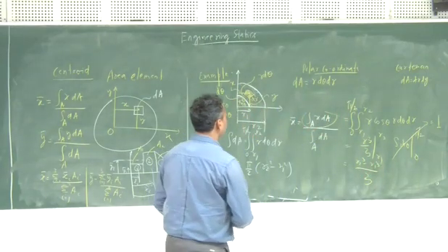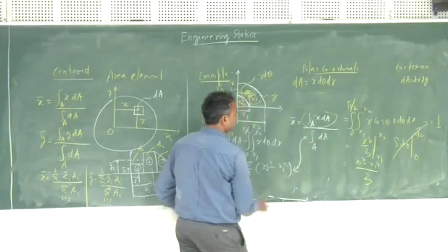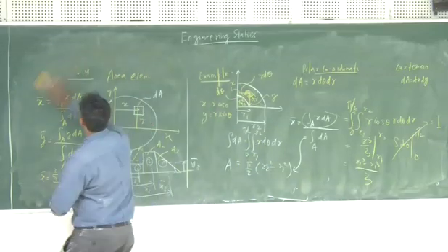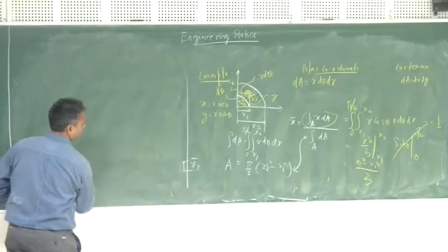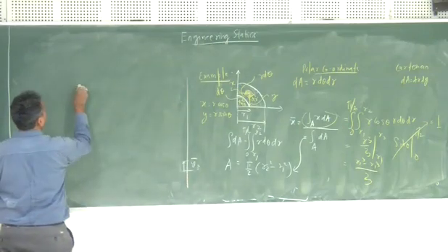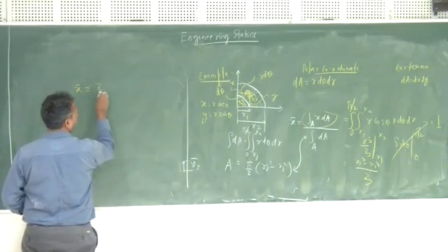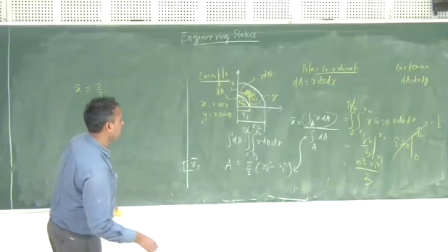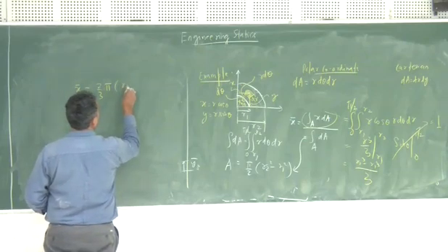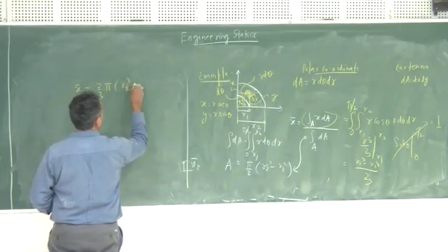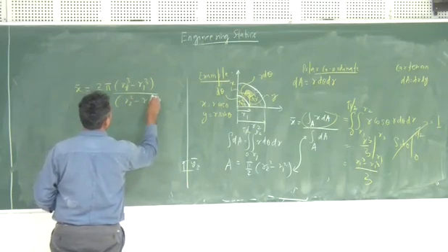So it means that your x bar will be given by 2 by 3 pi, r2 cube minus r1 cube, divided by r2 square minus r1 square.